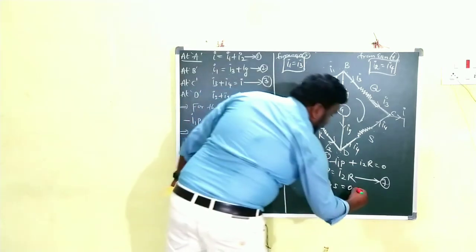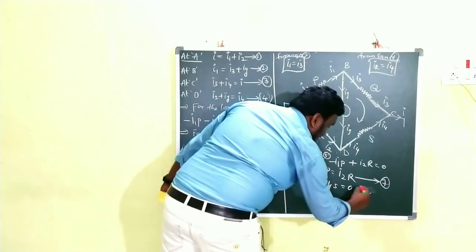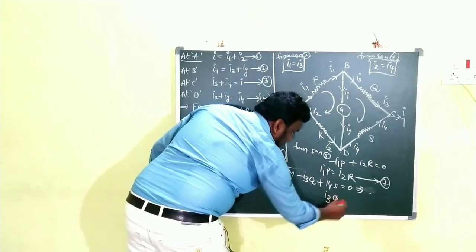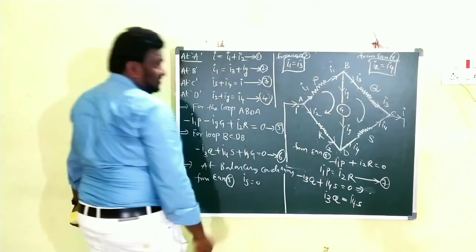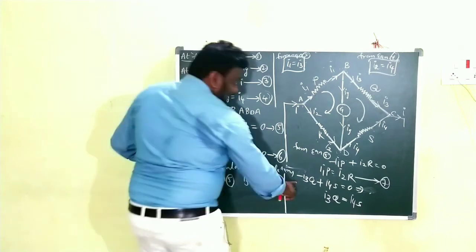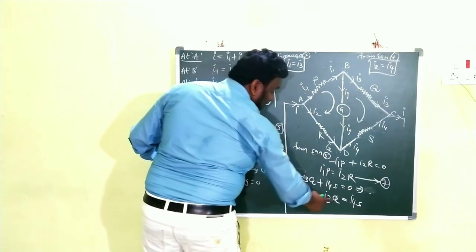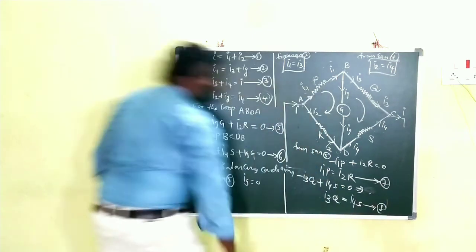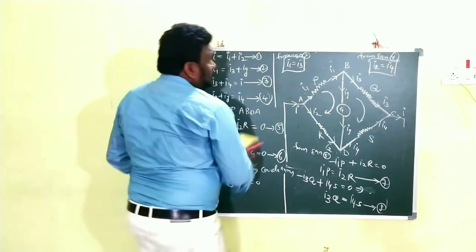From that we simply write I3Q is equal to I4S. Clear children? Minus I3Q plus I4S is equal to 0, so I3Q is equal to I4 into S. This is equation number 8.